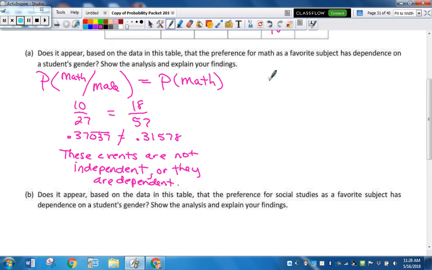So that would be probability of math and male would have to equal the probability of math times the probability of male. Your numbers will be a little different, but they still won't be equal. So your result will be the same. Are we okay with that? Or you could have done what? You could have done probability of math given female, or female given math. There's different ways to do it.